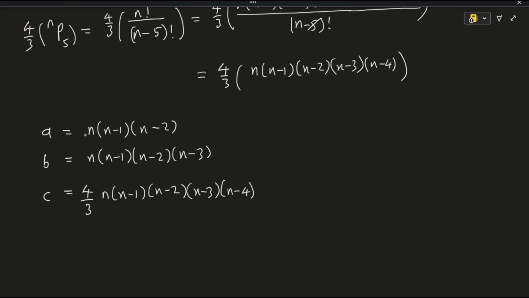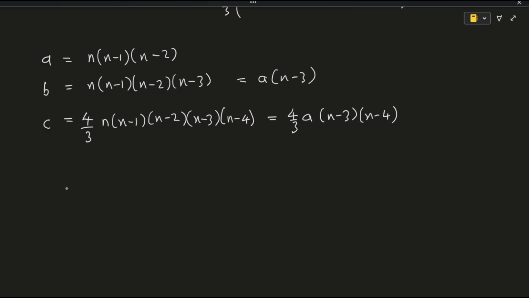So if A is equal to n into brackets n minus 1, n minus 2, then B can be rewritten as A into brackets n minus 3, and C can be rewritten as 4 over 3 A into brackets n minus 3, n minus 4.